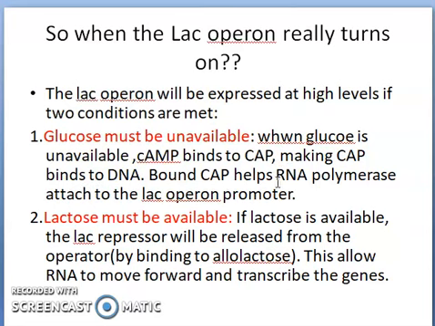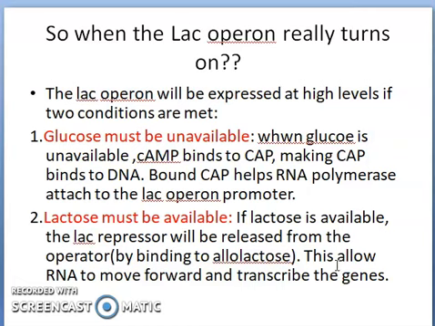Bound CAP helps RNA polymerase attach to the lac operon promoter, and when lactose is available, the lac repressor will be released from the operator by binding to allolactose. This allows RNA polymerase to move forward and transcribe the genes.